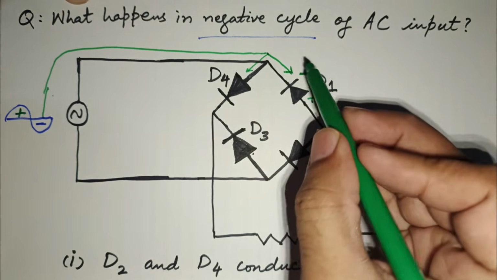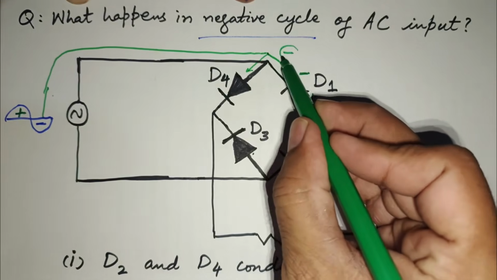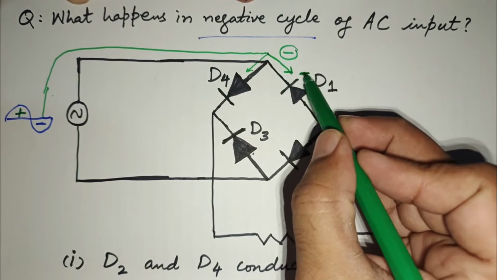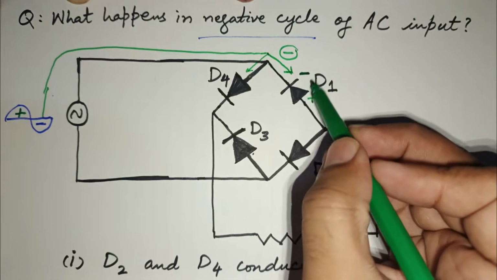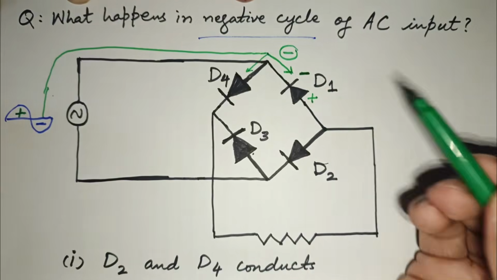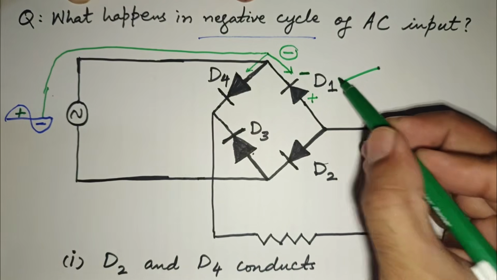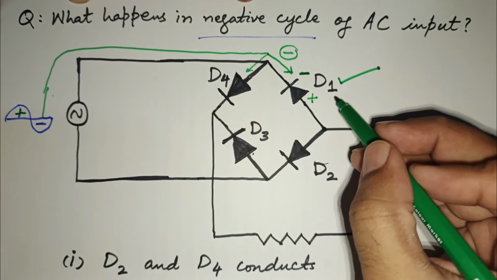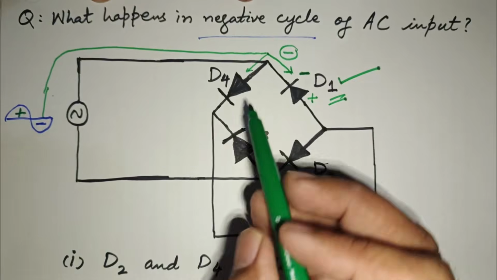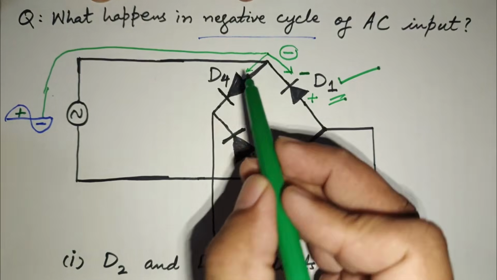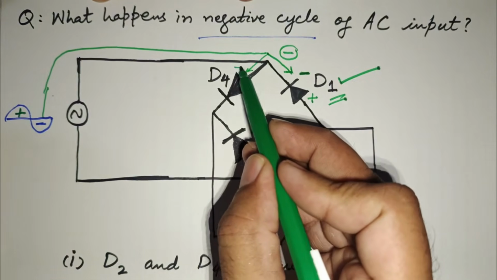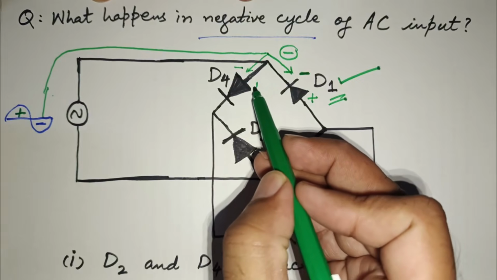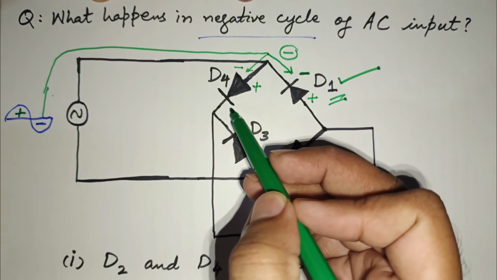So when it sees the negative signal, it allows, because a semiconductor diode conducts in forward direction. So D1 will allow the current to pass through it. So D1 conducts. Then what about D4? When the negative cycle reaches over here, this is the positive side of D4, so it will not conduct.